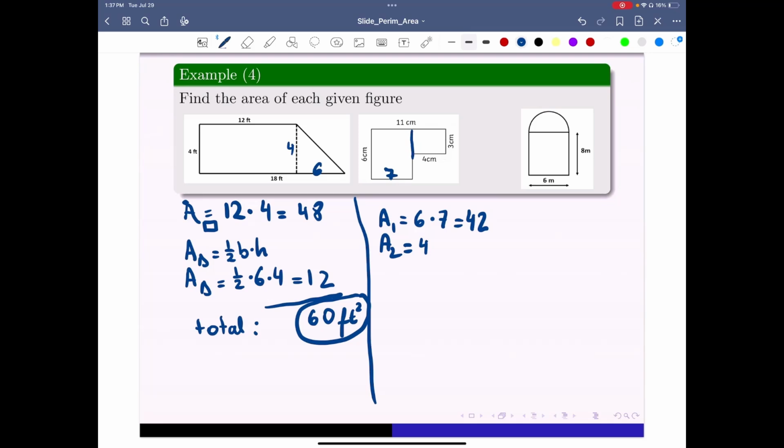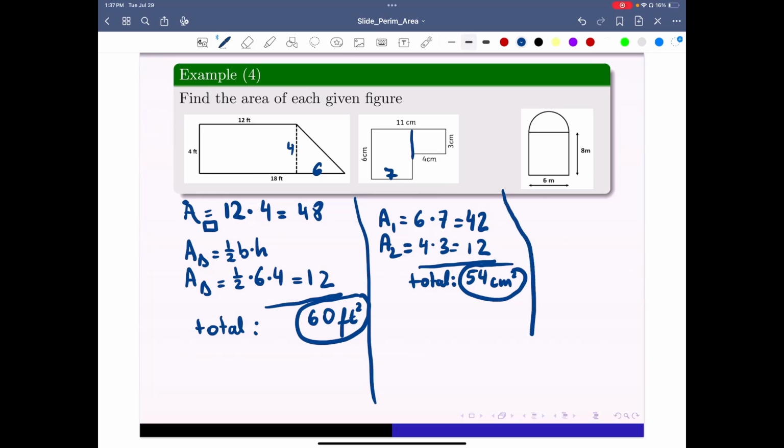So we have 4 times 3, in that case is 12. And then we add this total area. So we add them together, 42 plus 12, and we get 54 centimeters square. That's my area.